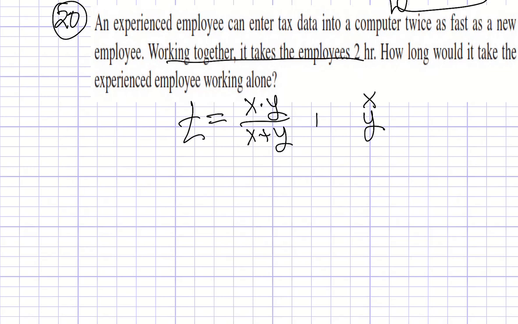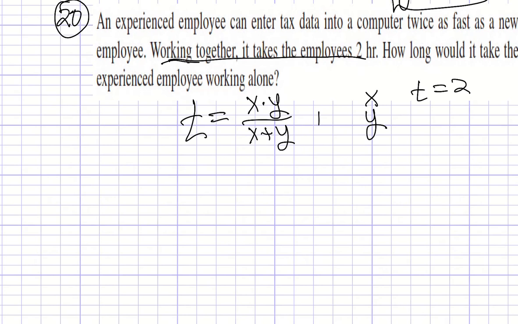T is 2 hours. If they work together, T is 2 hours. You gotta know what T stands for. Separately, that's the hours. Okay, but in this case, they said that an experienced worker can enter it twice as fast as the new employee.